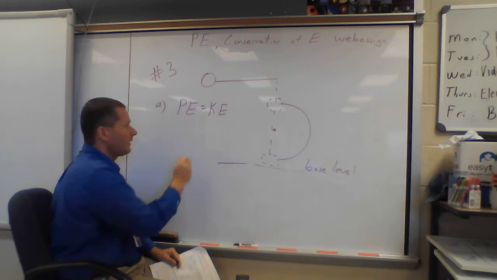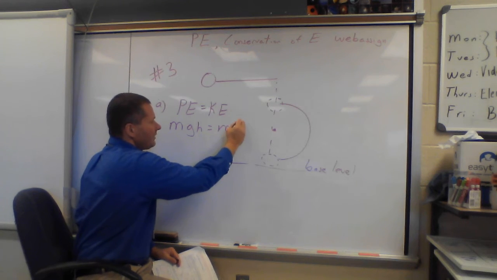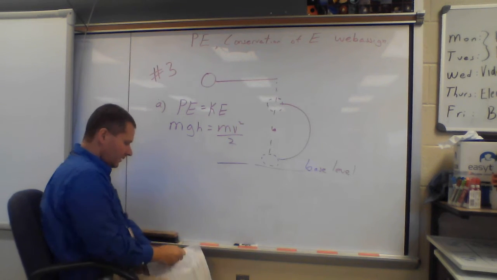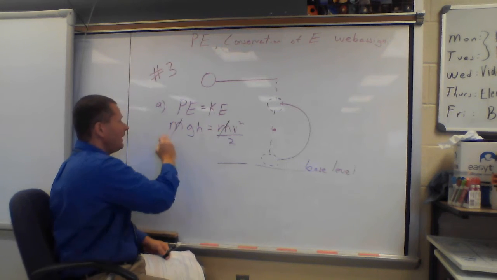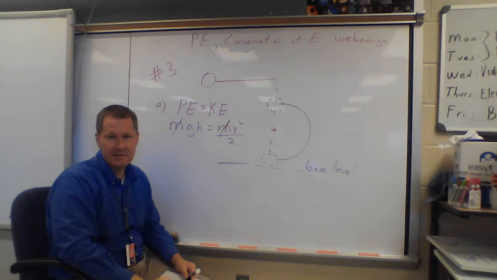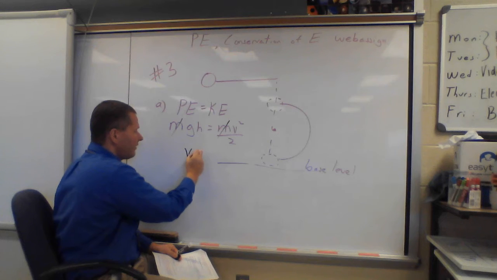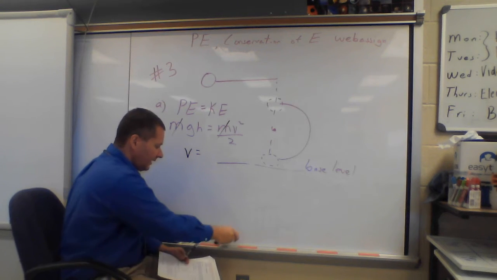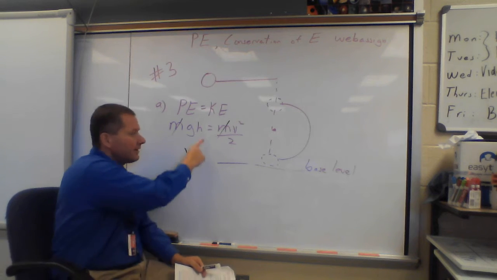We can just do mgh equals mv squared over 2. Physics magic happens and the m's go away, because we do not have a mass of this object. That's okay, we don't need it. Then we can just solve for v. I'm not going to do all the numbers for you, because you're going to have different numbers anyway, but you can definitely do that.